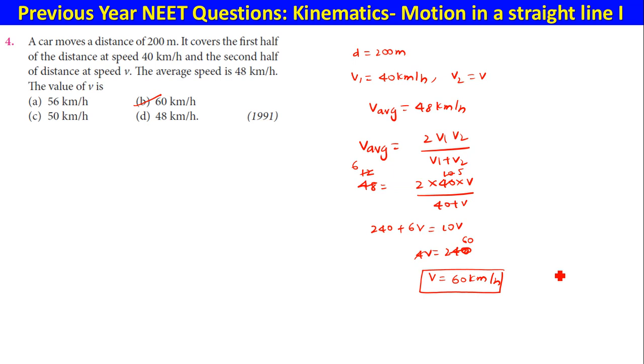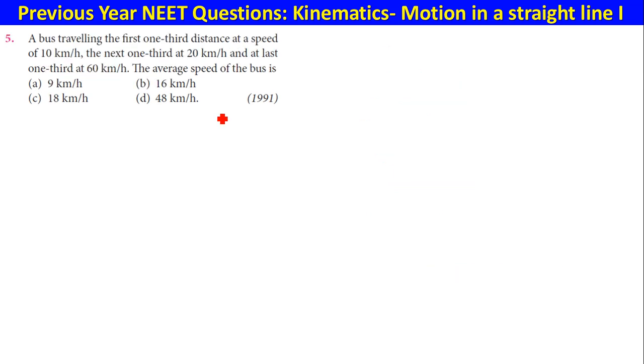Easy or not? Yes. So a bus traveling the first 1/3 distance at a speed of 10 km per hour, the next 1/3 at 20 km per hour, and the last 1/3 at 60 km per hour. What is it asking for? Average speed. Average speed is total distance traveled divided by total time taken.